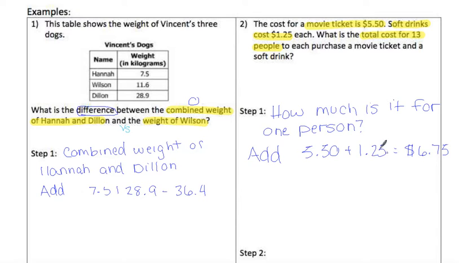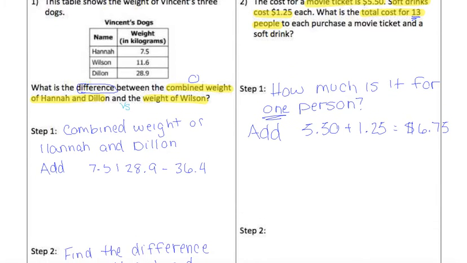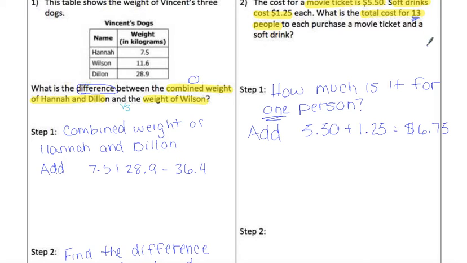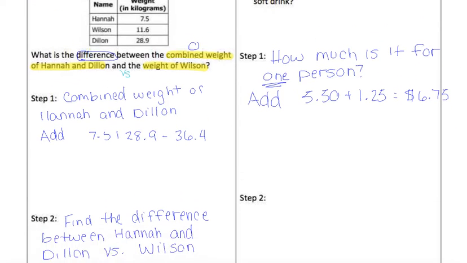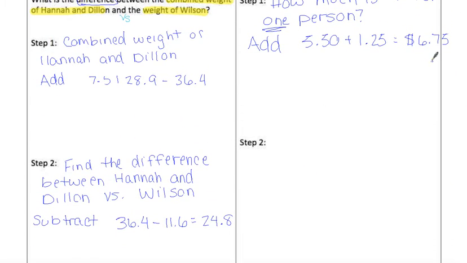Now, I'm not done there because that's only one person. I want to find 13 people. Well, do I really want to add that 13 times? No. Let's just multiply the cost. So our cost we got was $6.75 from above. So we're going to multiply.